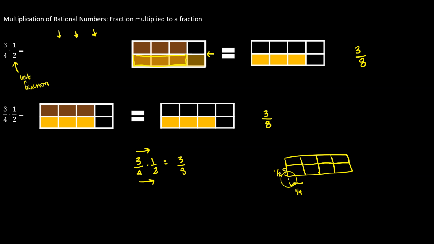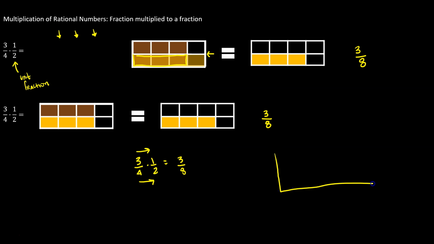This would also happen if I wanted to cut it into thirds. So maybe I'm starting off with 1/4, and then maybe I want to cut that into 3 pieces. So for each quarter, I'm creating 3 pieces.